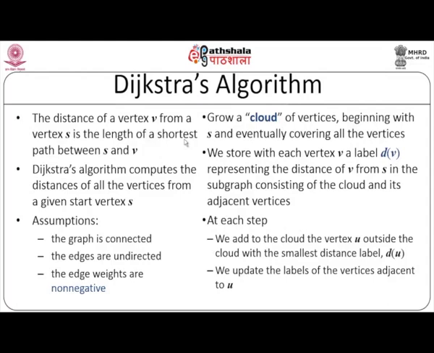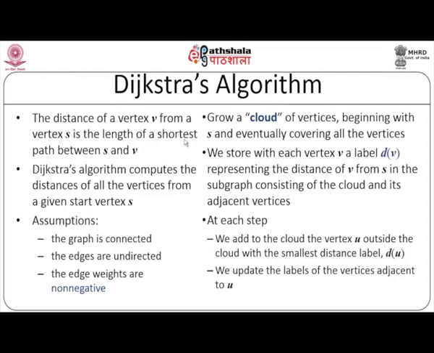Dijkstra's computes the distances of all the vertices from a given start vertex S. The assumptions are the graph is connected, the edges are undirected, and the edge weights are non-negative. So, grow a cloud of vertices beginning with S and eventually covering all vertices. We store with each vertex a label d of V, remember the estimate, representing the distance of V from S in the subgraph consisting of the cloud and its adjacent vertices.